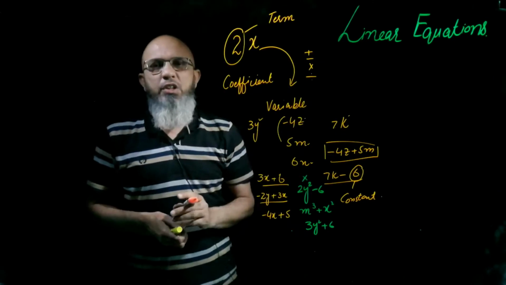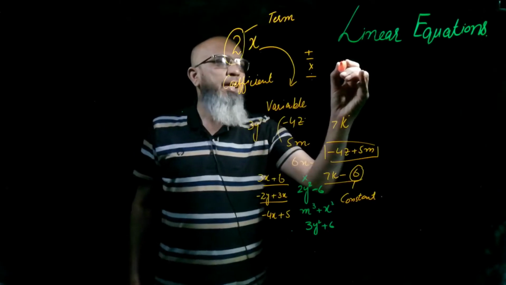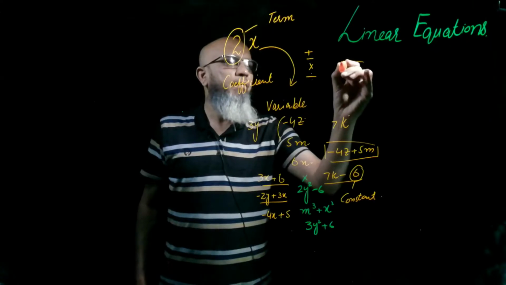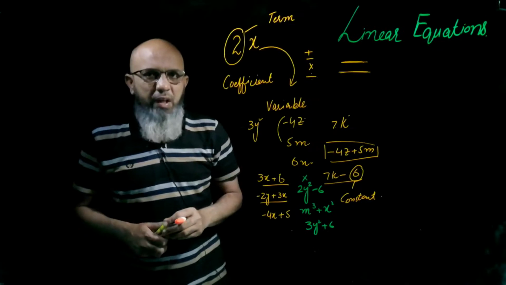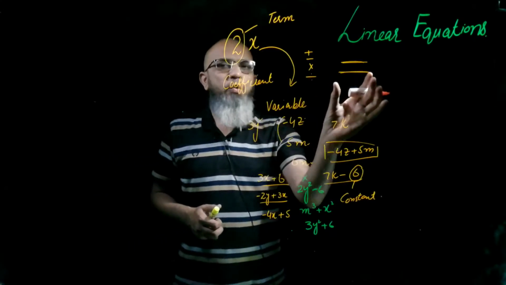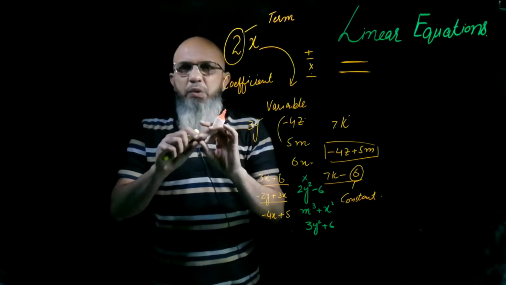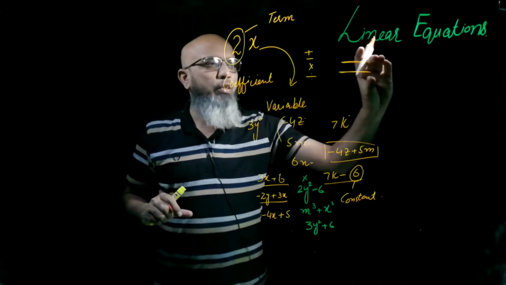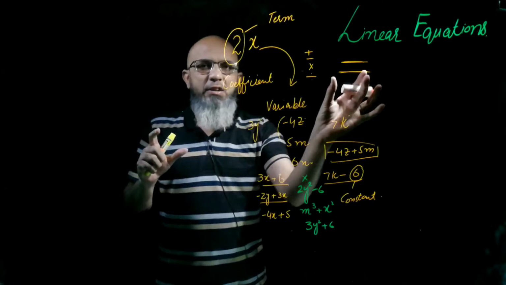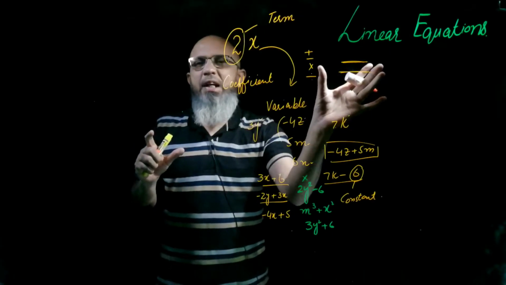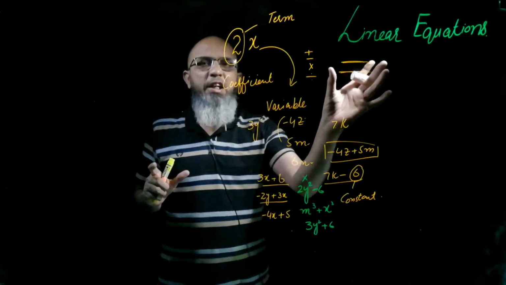Now what are equations? This is the sign of an equation, right? Equation means it comes with the sign of equality, meaning both sides of the equation will be equal. This shows that both sides are the same.